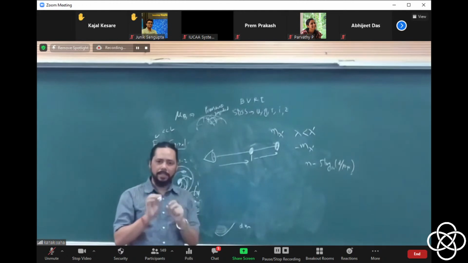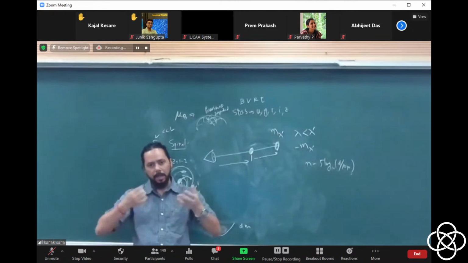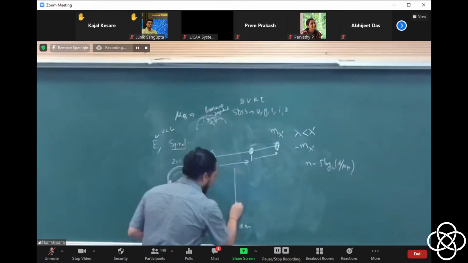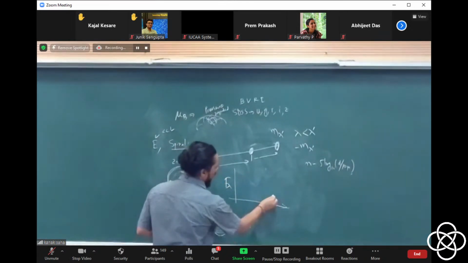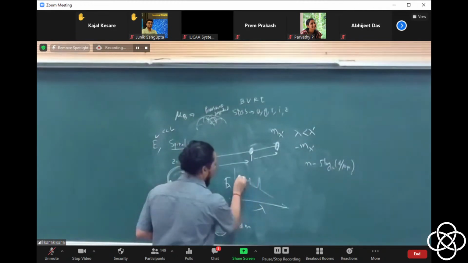Other ways, you can take spectra of the galaxy. Suppose this galaxy has some spectral light, because the stars always emit continuum light, F lambda versus lambda. Imagine there is a continuum, and then there are some emission lines.